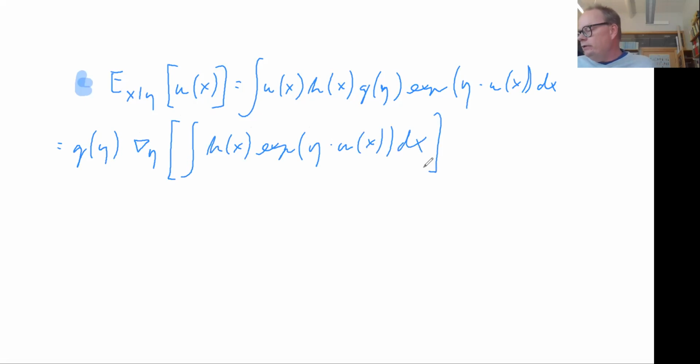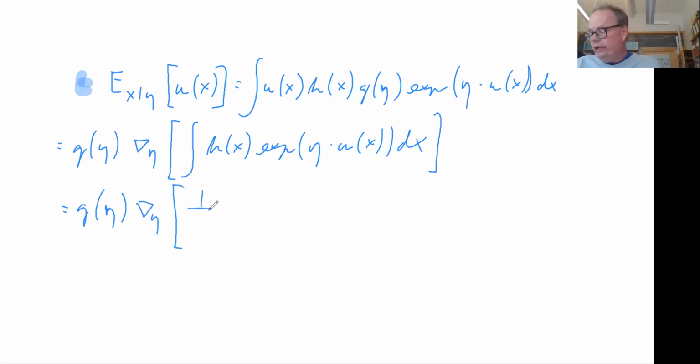Now the reason for that, if you take the gradient of this integral, you can move it inside the integral, and then you differentiate this exponential function, and the only thing that comes out of that is this extra u factor, which you have up there.